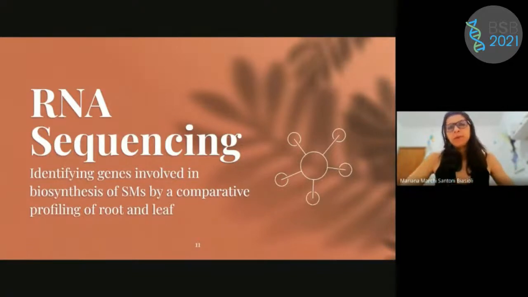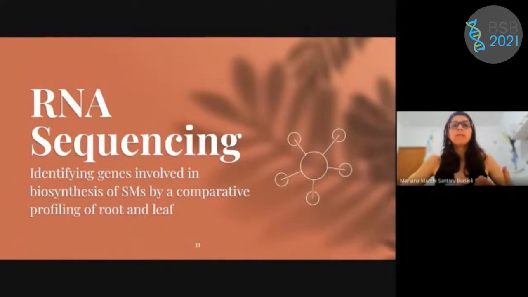So we used the Maytenus ilicifolia to perform this analysis, and we produced the whole transcriptome of Maytenus ilicifolia and identified genes involved in biosynthesis of secondary metabolites by comparing the profiling from root and leaf.